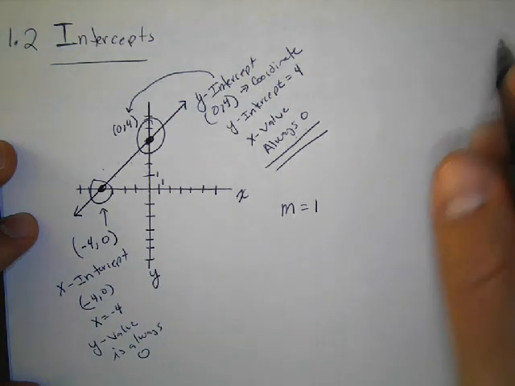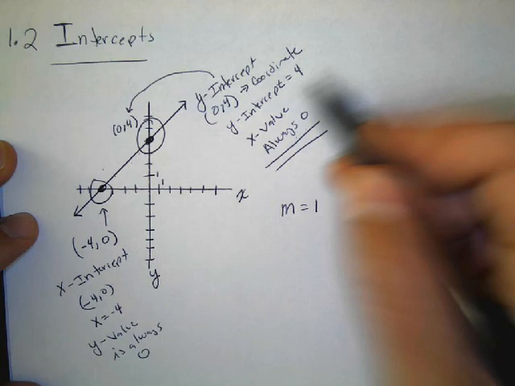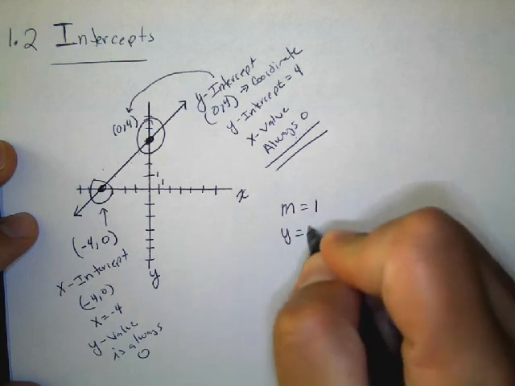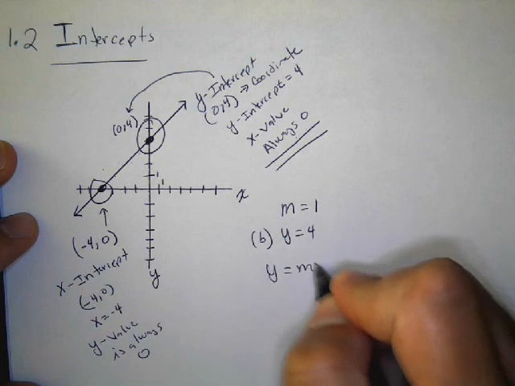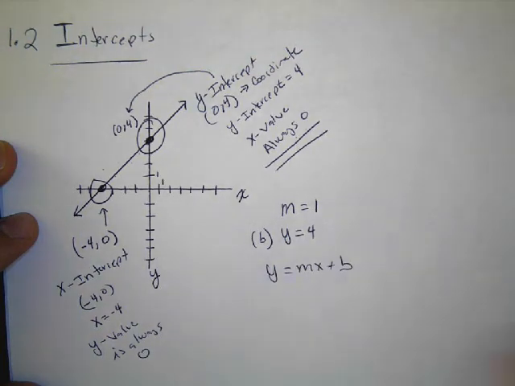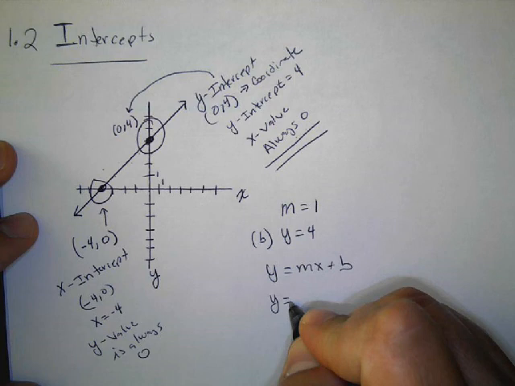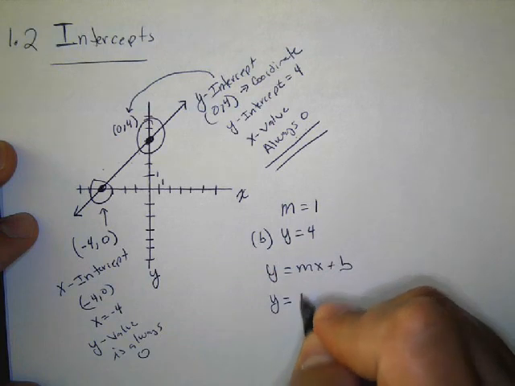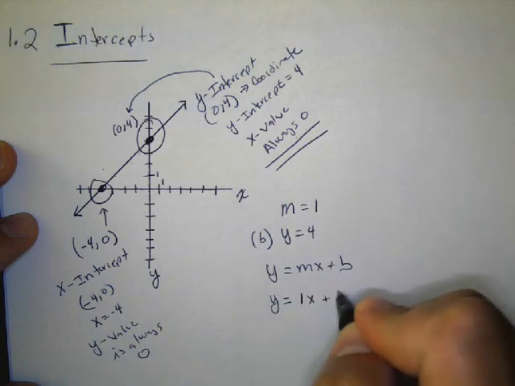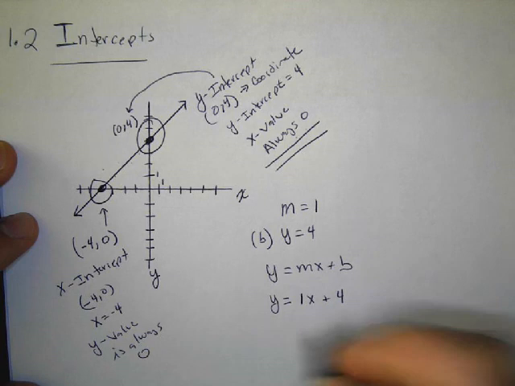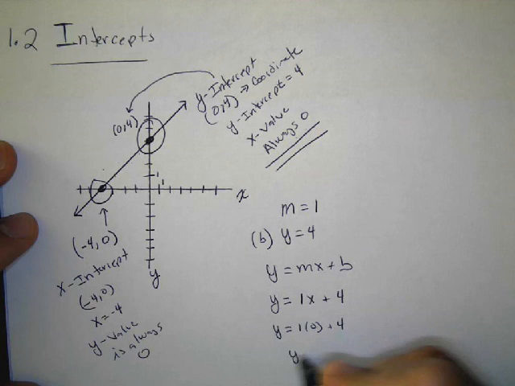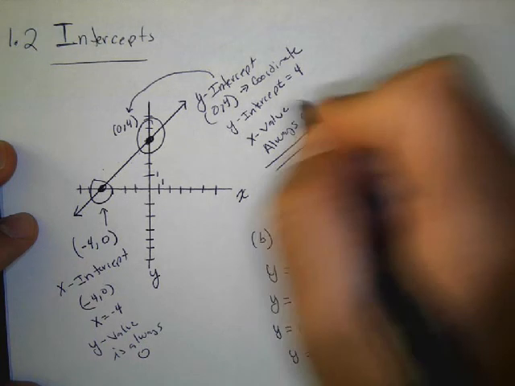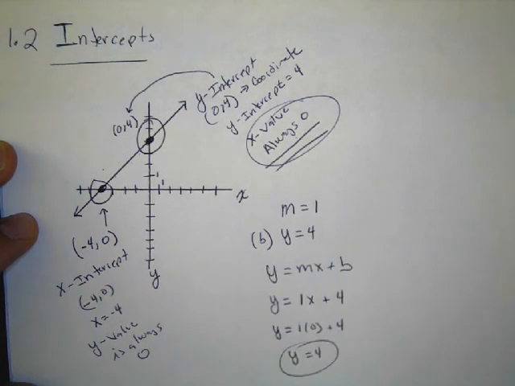And I know that my y-intercept is equal to 4, which is also b in the format of our linear equation. So I know that y is equal to the slope of 1 times x plus 4. Well, if I plug in a 0 for x, because the x value is always 0, it tells me what the y-intercept is.